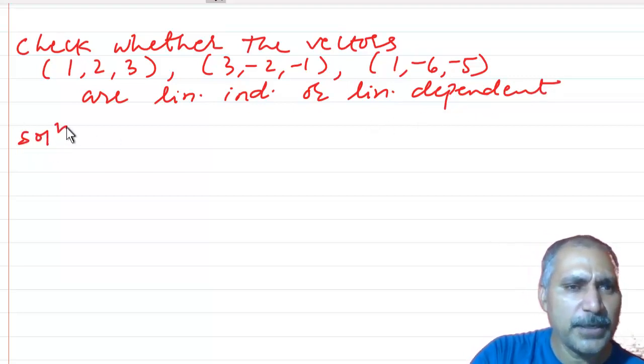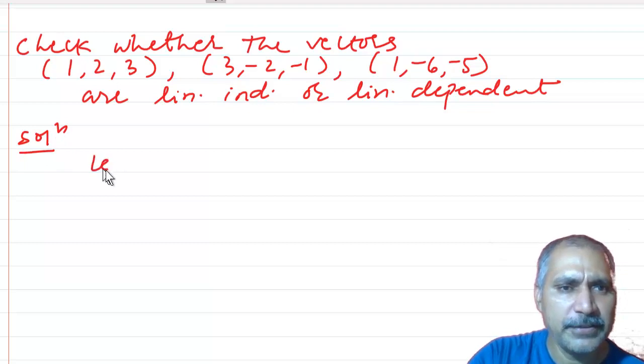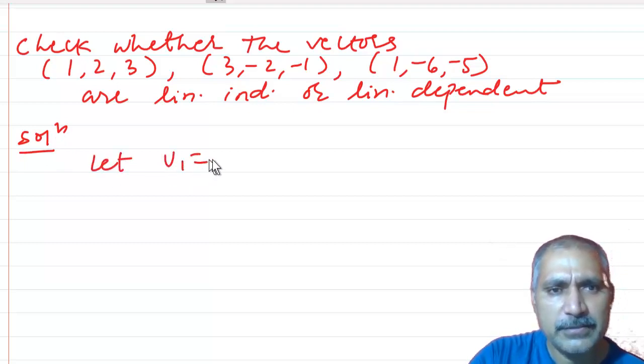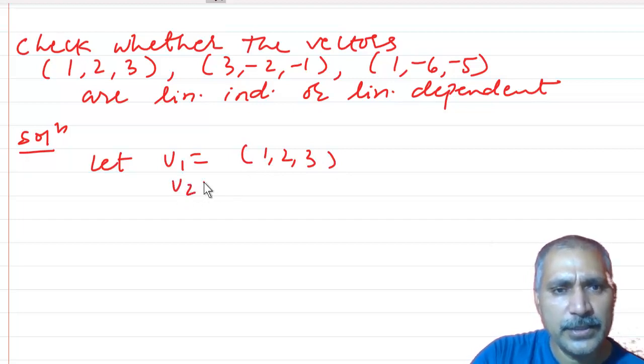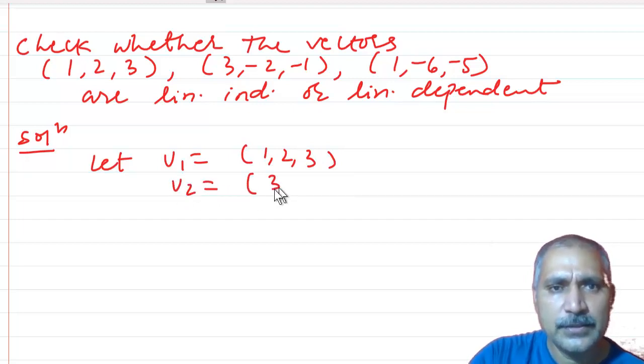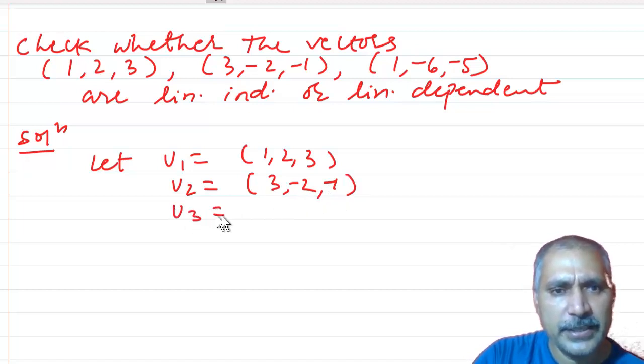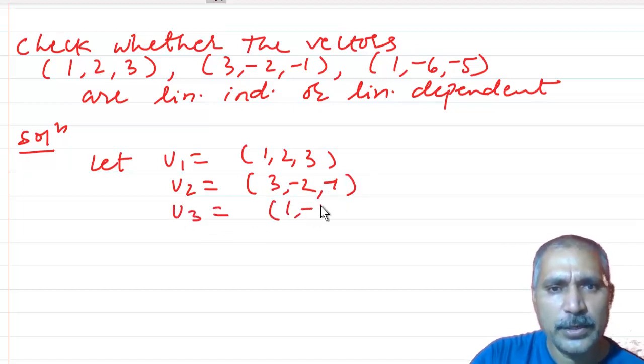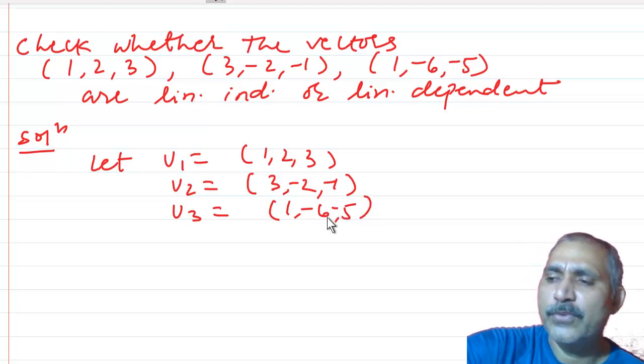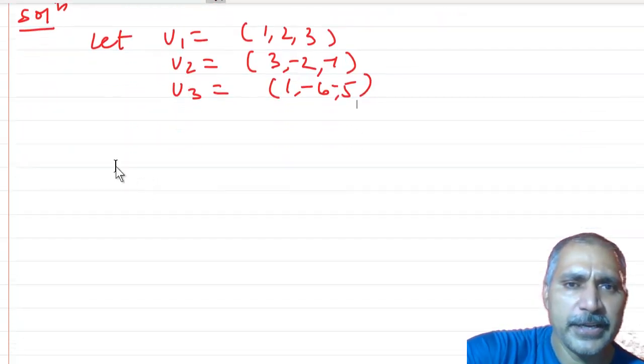In the solution part, first we will write: let V1, that is the first vector, be 1, 2, 3, V2, the second vector, be 3, minus 2 and minus 1, and V3, the third vector, be 1, minus 6 and minus 5. Now we have been given 3 vectors, so we will be taking 3 scalars.